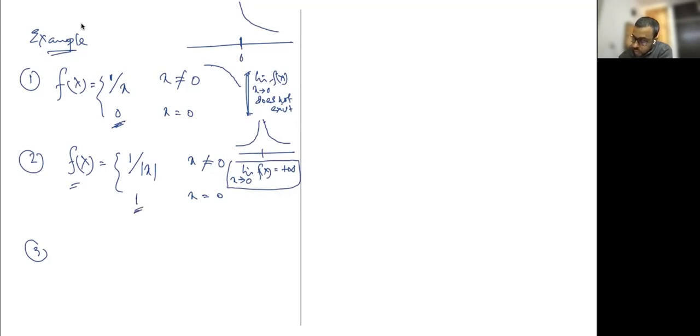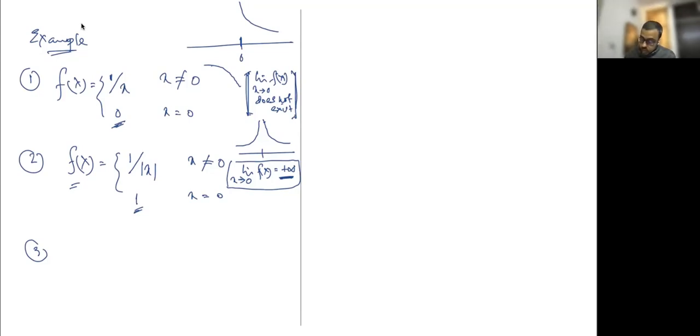It cannot be continuous because you have this limit plus infinity, so it cannot be equal to the value of f at any point. So in both these examples, the point 0 is a discontinuity which is not removable. By just redefining at the point 0, you cannot do anything about its continuity because the behavior around the point will not change.